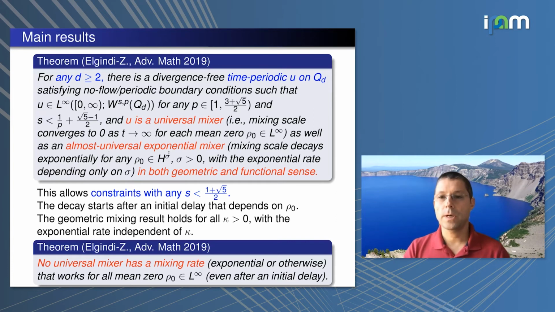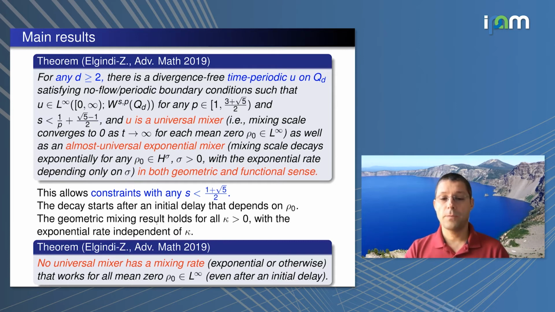And that's sort of clear because you can take some specially constructed initial datum for your flow, which is a fixed flow for your universal mixer. So you can take an initial datum such that the flow after time 1,000,000 just turns it into something very badly mixed. You can construct such an initial datum, and therefore you have to wait 1,000,000 before the mixing actually starts for that particular initial datum. So the time when the mixing starts depends on the initial datum, but not the rate.